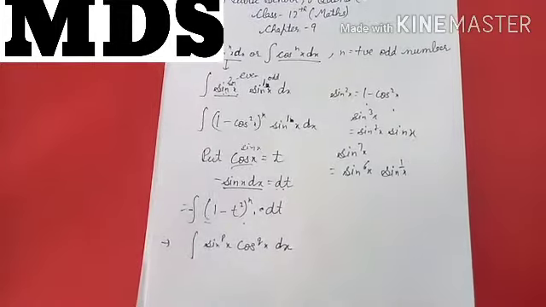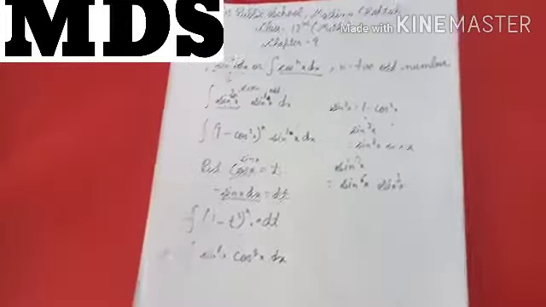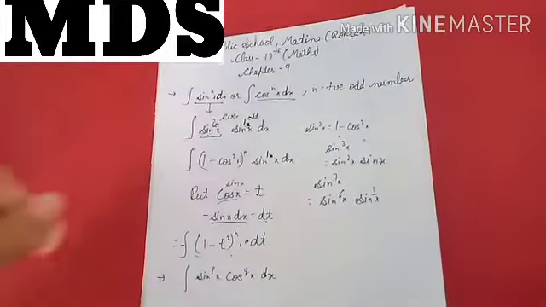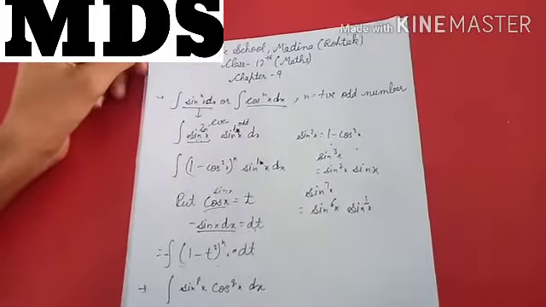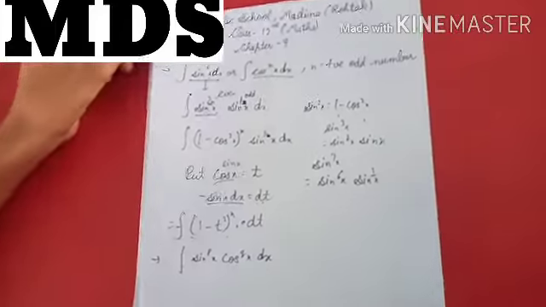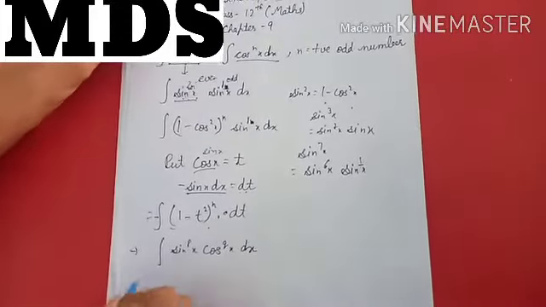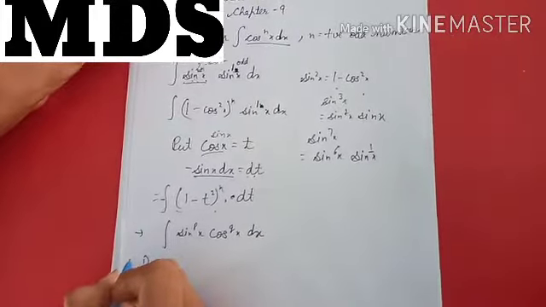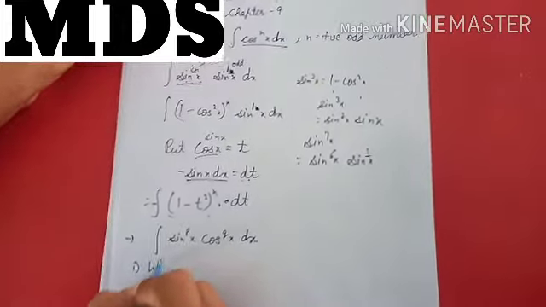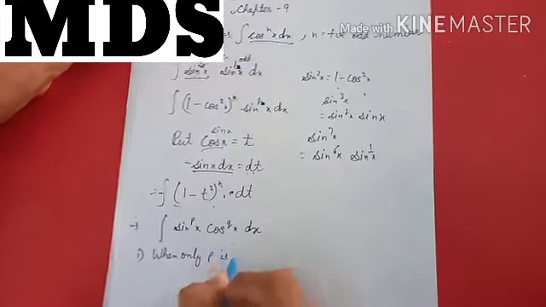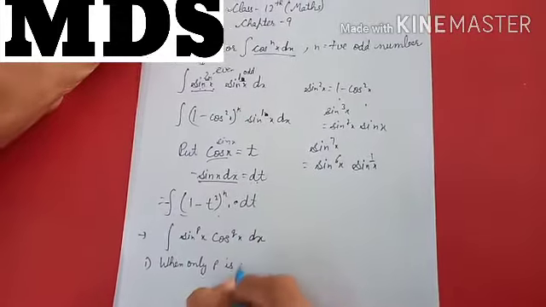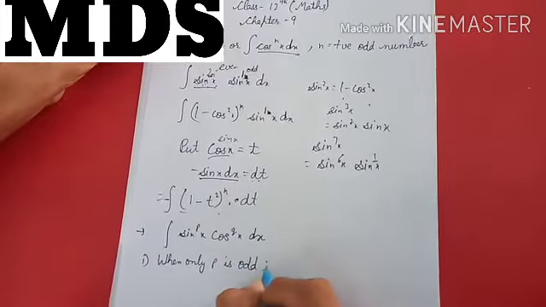So in this we get many ways. Okay, first of all, first part, when only p is an odd integer.